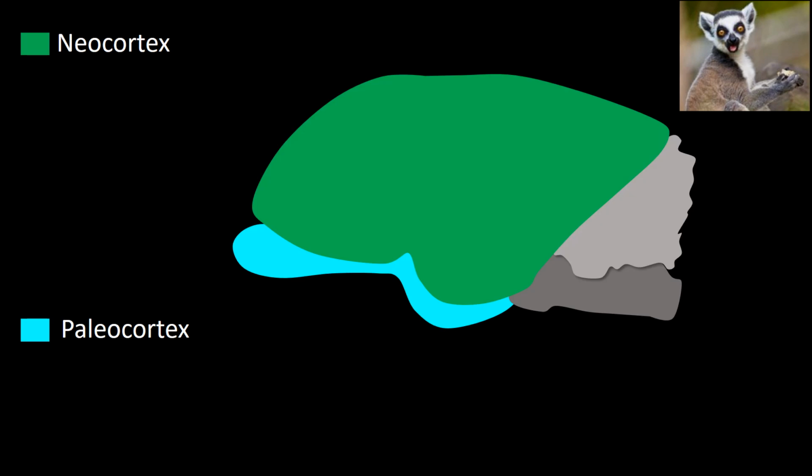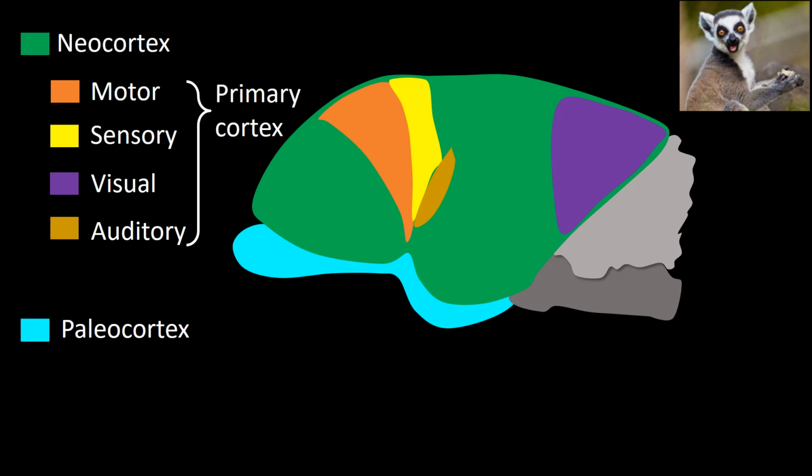The lemur certainly has more neocortex than paleocortex. The primary cortices present in the lateral surface include the primary auditory cortex.